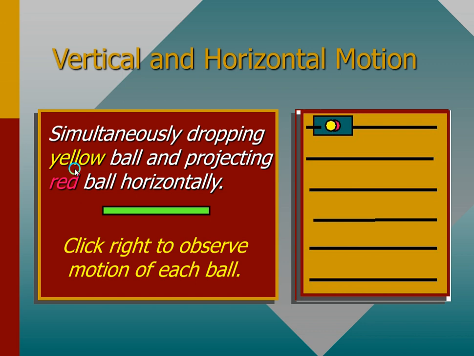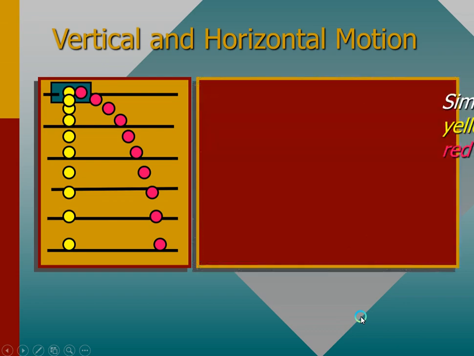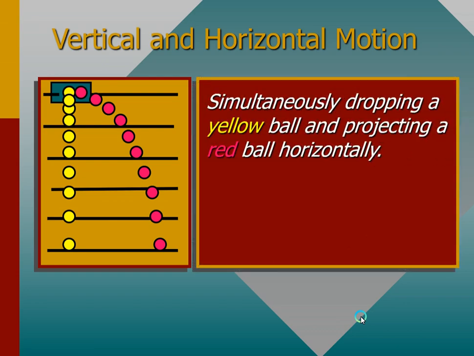The red ball will be projected horizontally and the yellow ball will be dropped using free fall motion. So simultaneously dropping a yellow ball and projecting a red ball horizontally, take note of what is happening here.